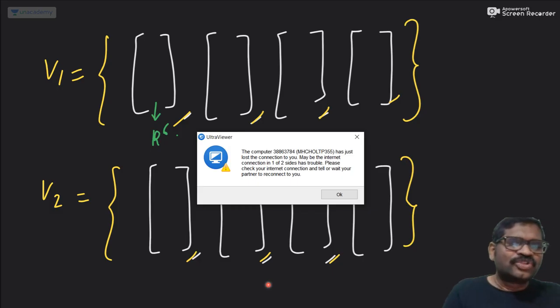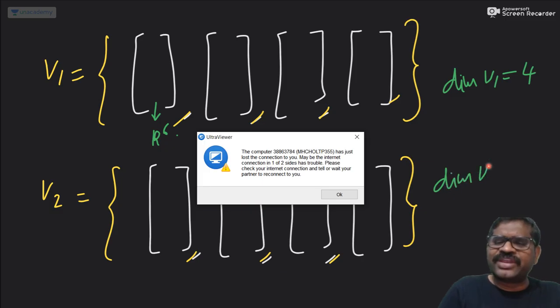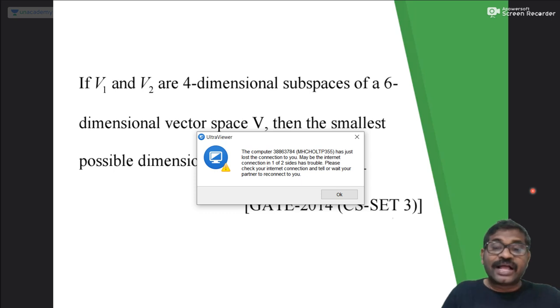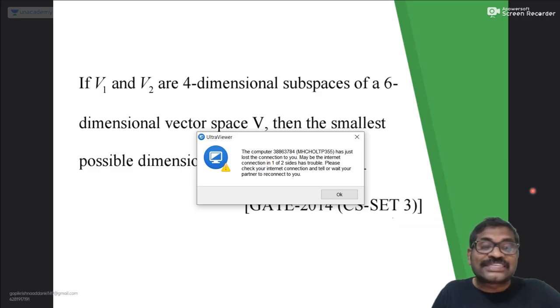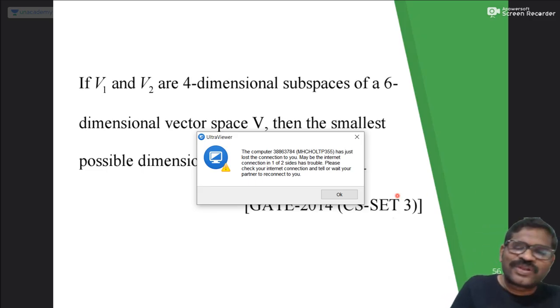Dimension of V1 is 4, dimension of V2 is 4, and you have to find the smallest possible dimension of V1 intersection V2.